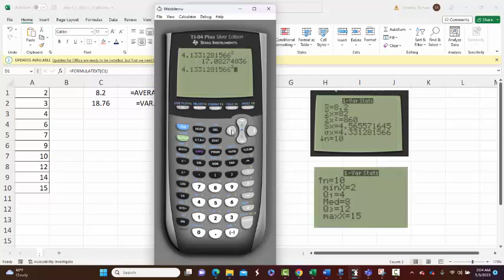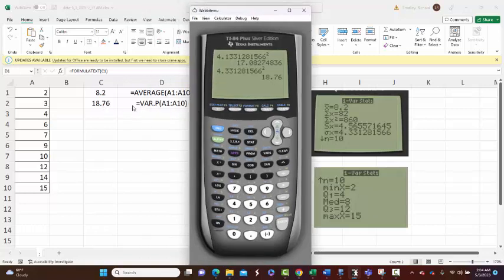I know I saw the answers didn't match. Okay, somehow I put a 1 here between the, let's delete that. Let's try that. There we go. So you see that's 18.76. And the Excel gives you 18.76.